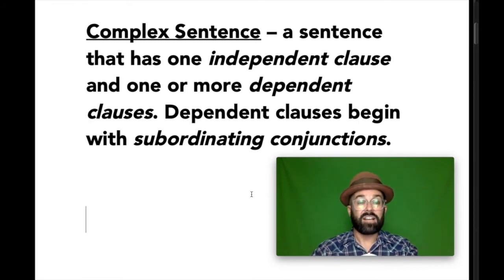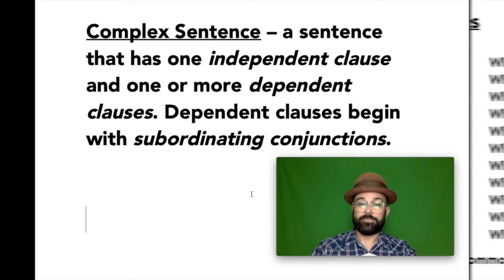But basically, a complex sentence has an independent clause, because every sentence has to have an independent clause, and it also has a dependent clause, and that dependent clause depends on that independent clause for it to be a complete sentence. We're going to look at some examples of these, which will hopefully clear that concept up a little bit more. But before we do that, let's take a look at a very long list of subordinating conjunctions.